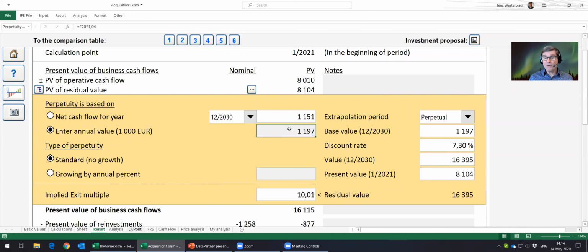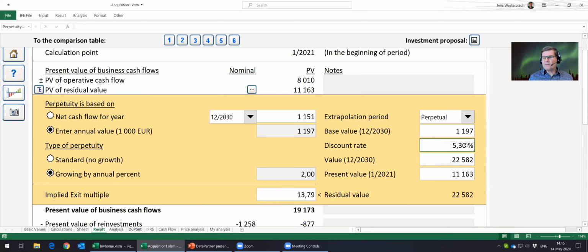Here I can make whatever, I can enter a value or make a formula to calculate the base value for the perpetuity. Also, I can have some growth. Let's say it grows for 2% after that. Then, of course, it has an impact on the value. And don't be scared now. Now 730 changed to 530.